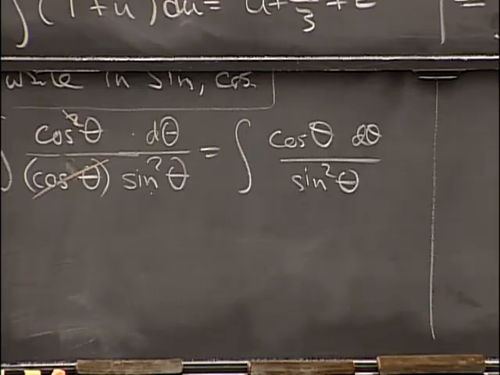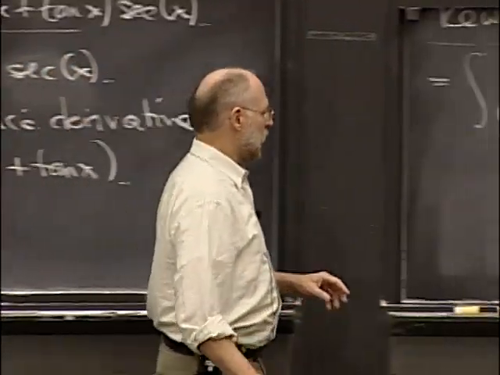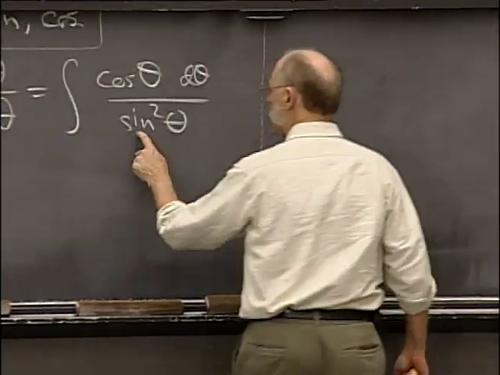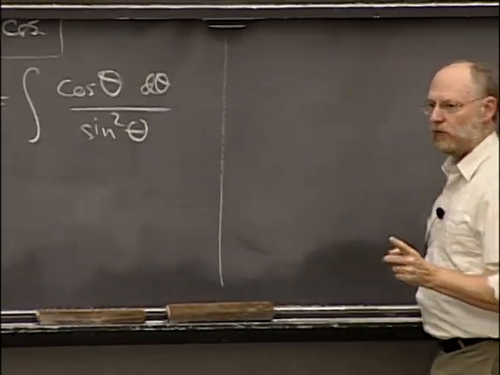That's a little simpler, and it puts me in a position to use the same idea I just used. I see the sine here. I might look around in this integral to see if its derivative occurs anywhere.